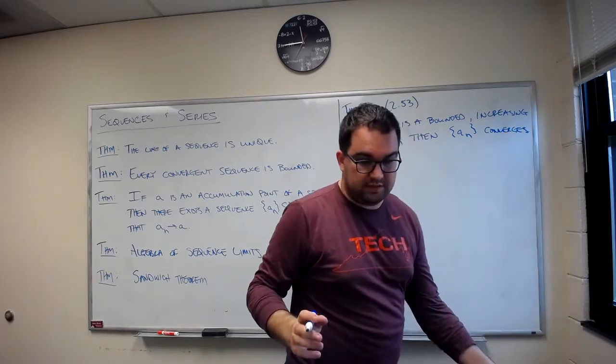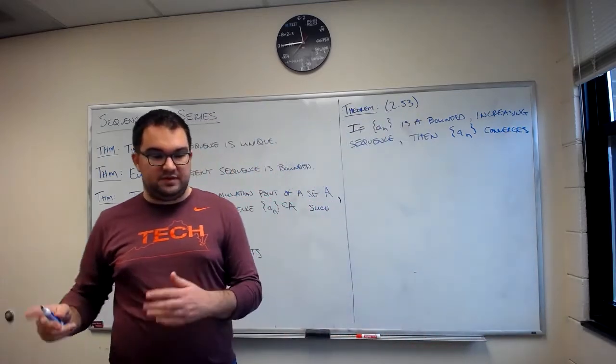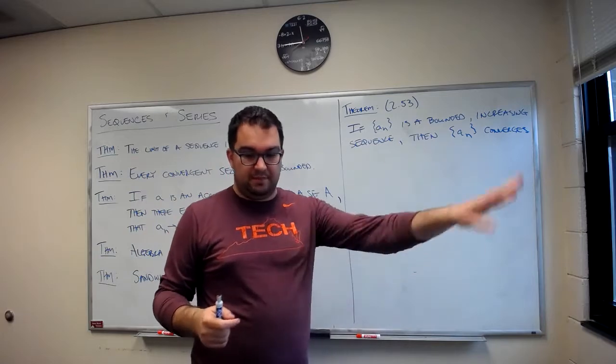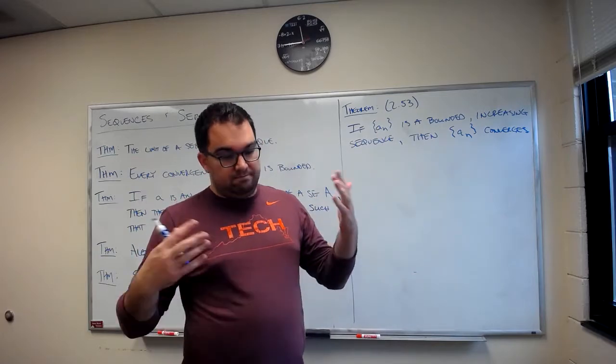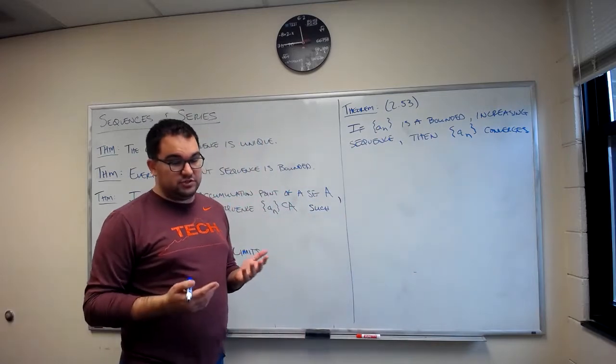Now, again, there are pluses and minuses. This is a theorem that gives me some conditions, and if those conditions are met, I immediately know that the sequence converges. On the downside, I have no idea what it converges to.